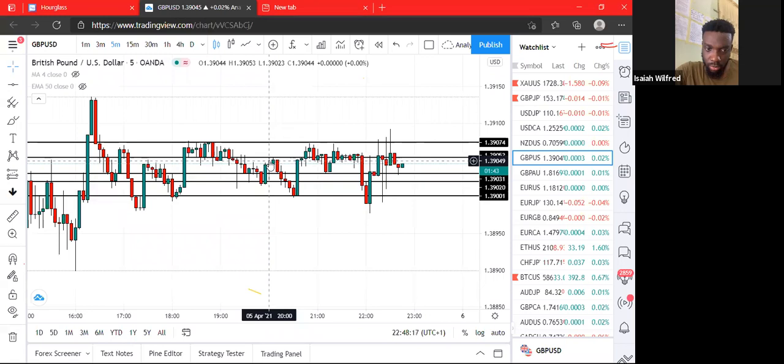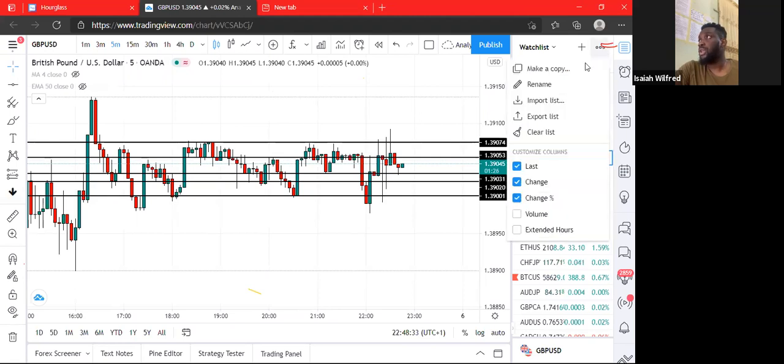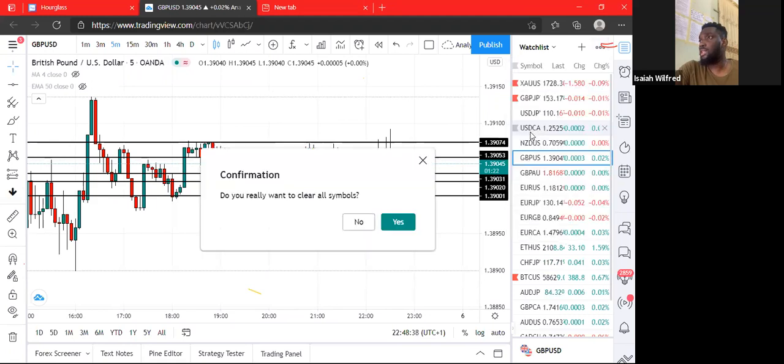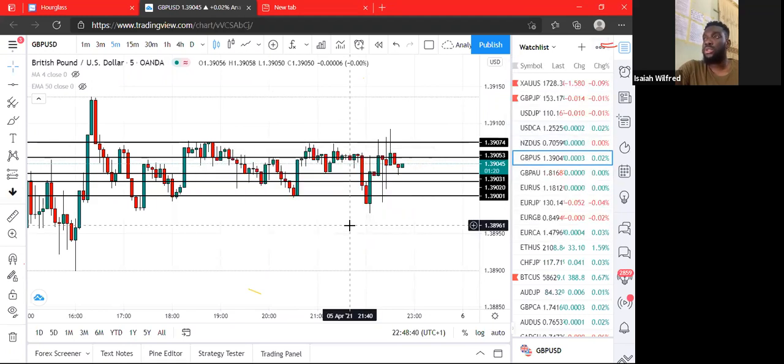Sorry, I'm trying to arrange all the currencies on the watch list. How do I do that? Okay, for the currencies here, if you want to arrange them, you can just click on the X here. Let's say I cleared the list.